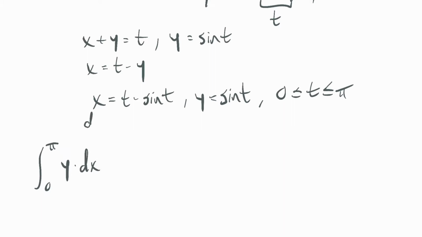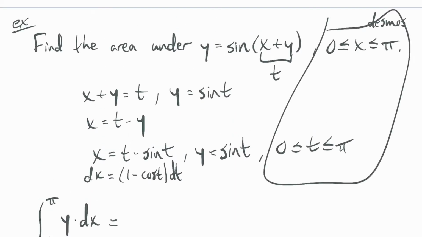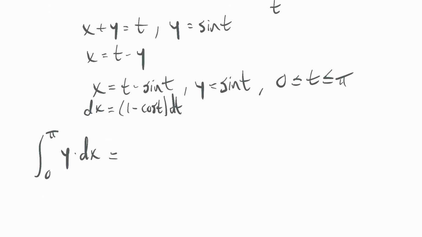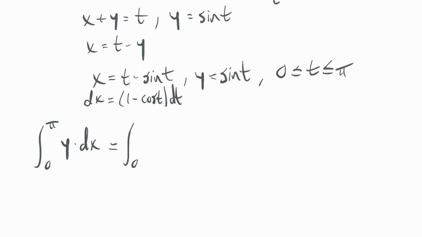So dx equals 1 minus cosine of t dt. And again, with the change of variable, the interval is the same, so that's convenient for us. So this equals the integral from 0 to pi of sine of t times 1 minus cosine of t dt.